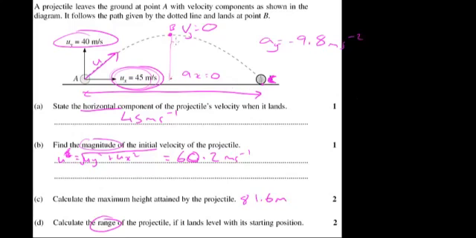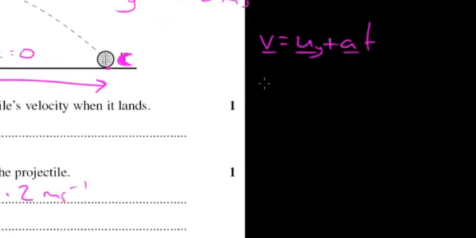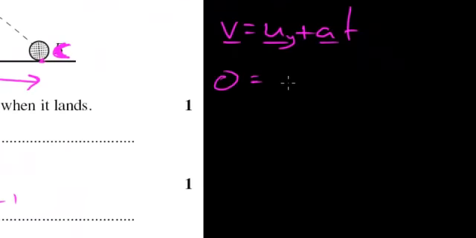I'm going to start from A to B. To find time of flight, I'm going to do v equals u plus at, because we know our final velocity is 0, we know our initial velocity, which is 40 meters per second, we know our acceleration in the vertical direction, and I'm working in the vertical just to find the time of flight. After that, I'm going to work in the horizontal direction. So 0 equals uy, which was 40, plus minus 9.8 t.